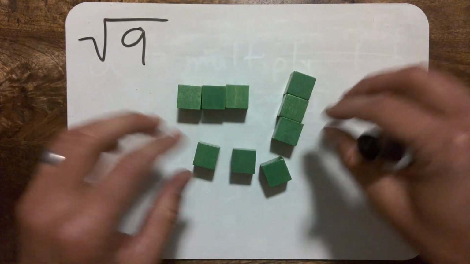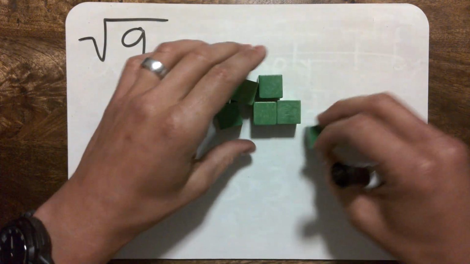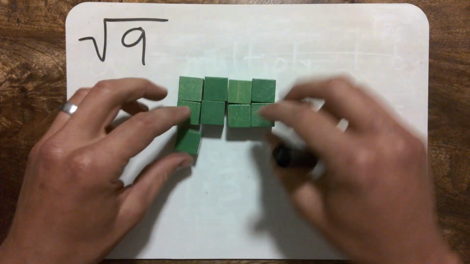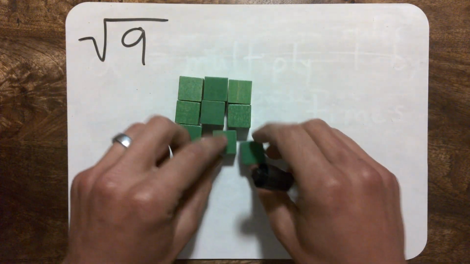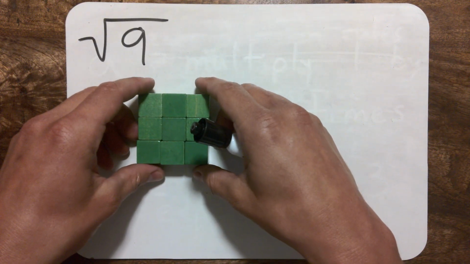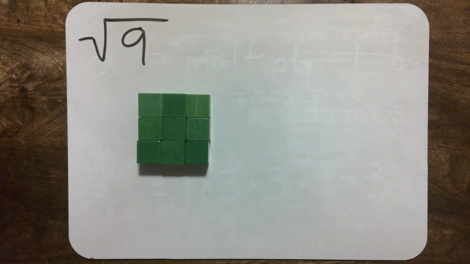Most of us probably know that it's going to be 3 by 3, but if we don't exactly know, we can try to line things up and see. You might have to shift things around a little if it's a student that isn't quite sure. But eventually we'll settle on it: there's only one square we can make with 9 square units, and it'll be a 3 by 3.